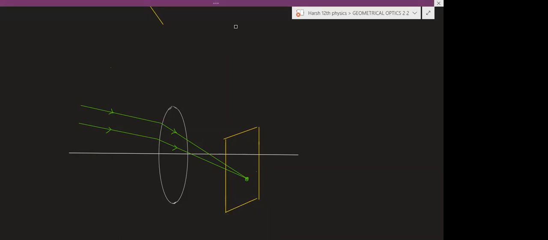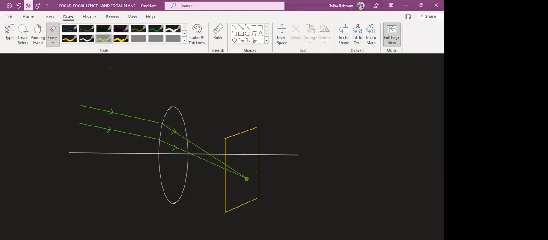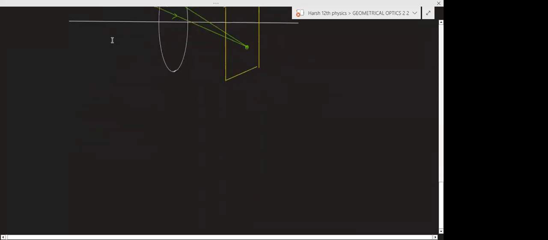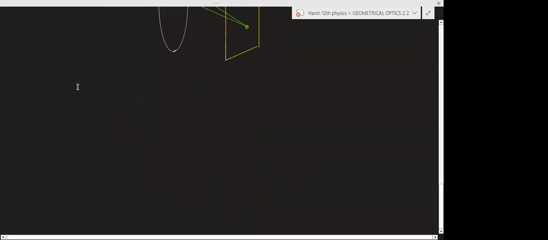So this is the focal plane. Focal plane. Okay.